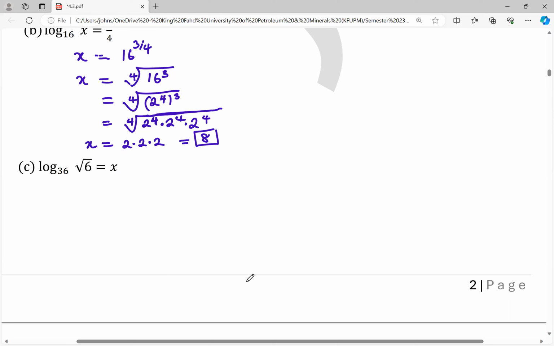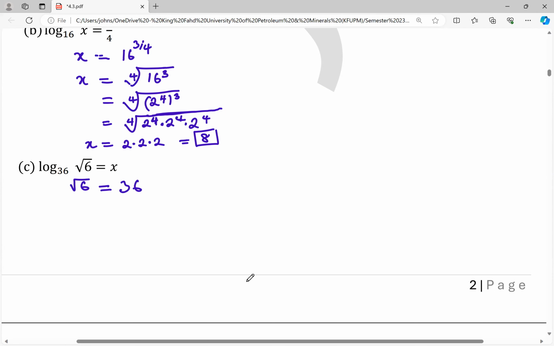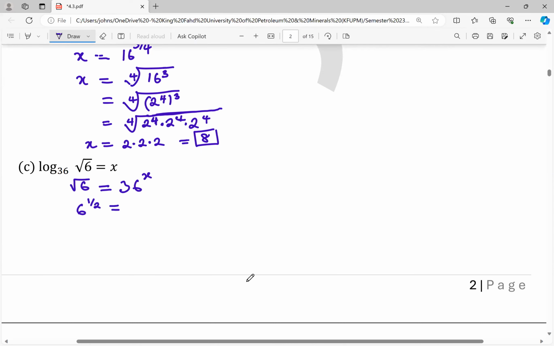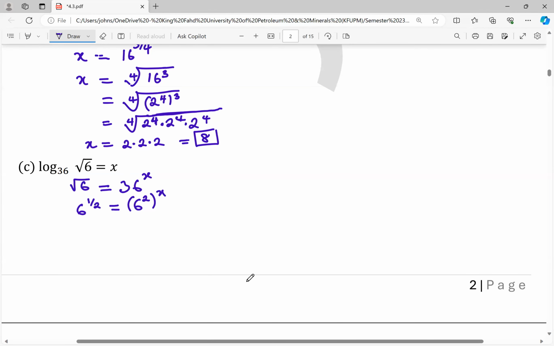So here we have root of 6 equals 36 to power x. And now this we can write as 6 to power half, 1 over 2, equals this we can write as 6 to power 2, all to power x.